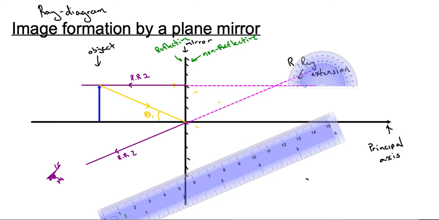And so what happens is where these two extensions meet is where the top of the arrow's image is formed. So our image, ooh, that's rough.